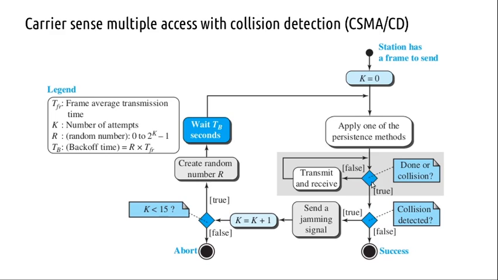If the transmission has occurred, you go to the next step, where it is either done or collision. It is a dual thing. It will send as well as receive simultaneously, either on 2 ports or 2 lines.